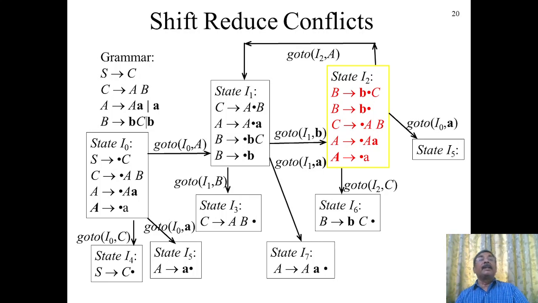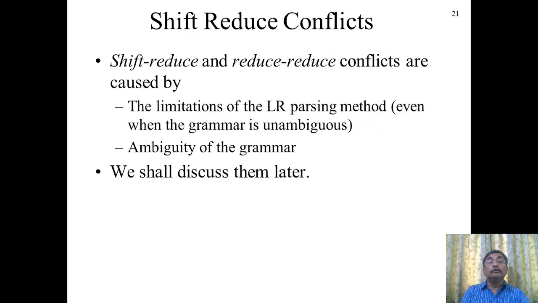The way we mitigated this is that since the input symbol does not contain an A, it is better for me to go for reduction, because primarily I do not have any option. It is not because I have a clear understanding of what I need to do, but because I cannot shift, and one item helps me in terms of reduction, so let me do the reduction. But this is not the way to do it. We'll talk about it. It is called a shift reduce conflict.